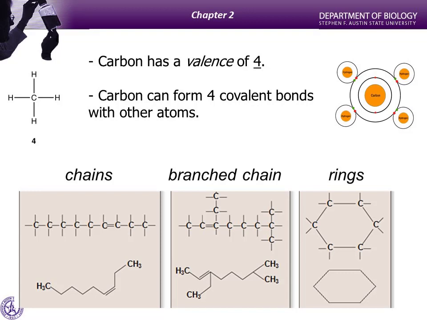In this case, we have carbon, we have CH4, methane. Carbon can make single bonds, it can make double bonds, it can make triple bonds. It can form linear chains, it can branch from those chains, or it can form rings like we're going to see in a lot of our carbohydrates. But it's the 4 missing electrons that make carbon so well suited to form these larger and larger biologically significant macromolecules.